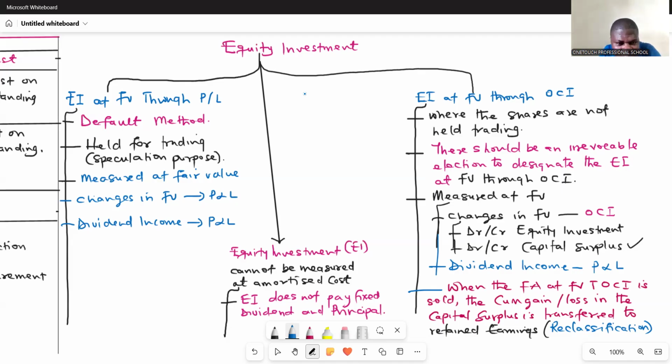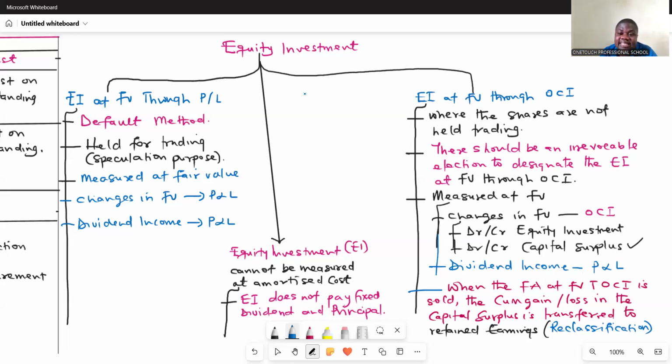Riddle number 1. I am a financial asset. I pay fixed rate of interest and principal on maturity. The one who owns me loves me so much and will always keep me up to maturity.